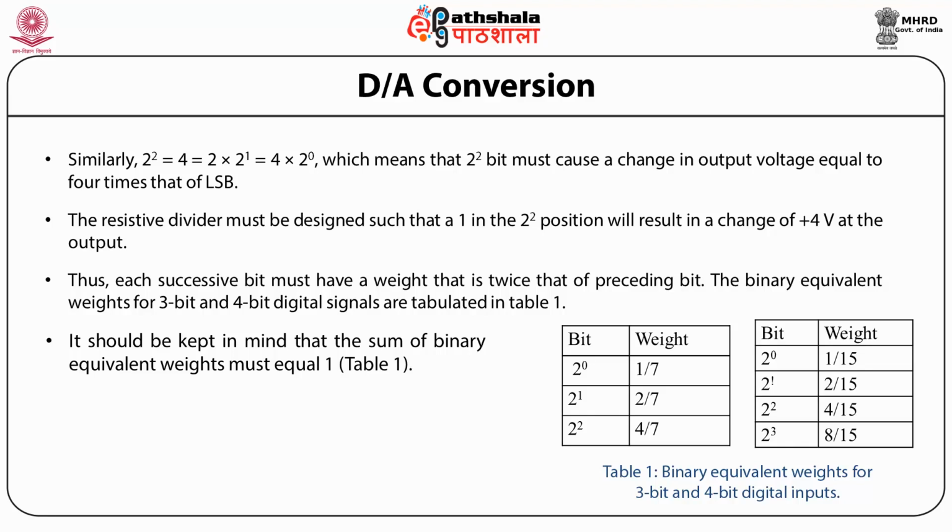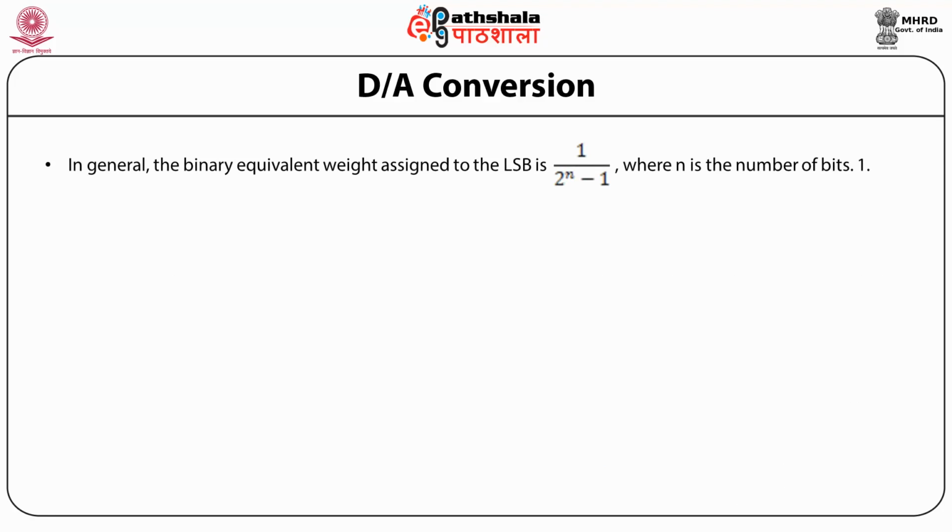Similarly, the binary weight corresponding to the 2 raised to power 0 bit in a 4-bit digital signal is 1 by 15, corresponding to the 2 raised to power 1 bit is 2 by 15, and the 2 raised to power 3 bit is 8 by 15. In general, the binary equivalent weight assigned to the LSB is 1 divided by 2 raised to power n minus 1, where n is the number of bits.